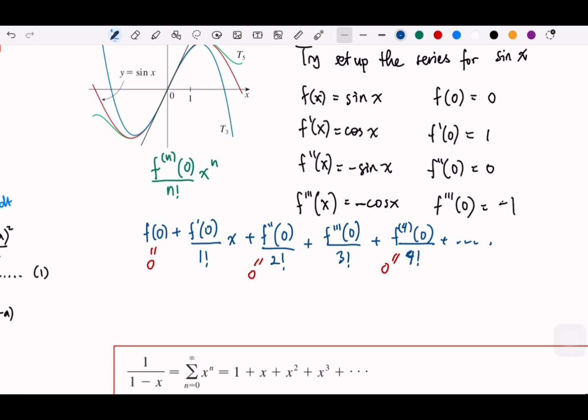Okay, so we have x, and here we're having the negative, right? Negative 1. So negative x cubed over 3 factorial. Oh, I forgot the x. Sorry.